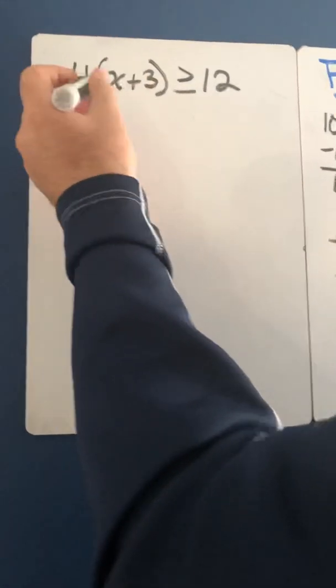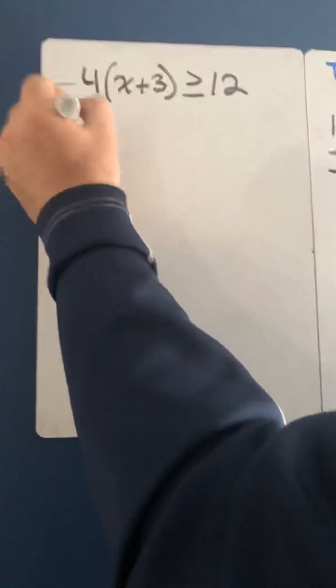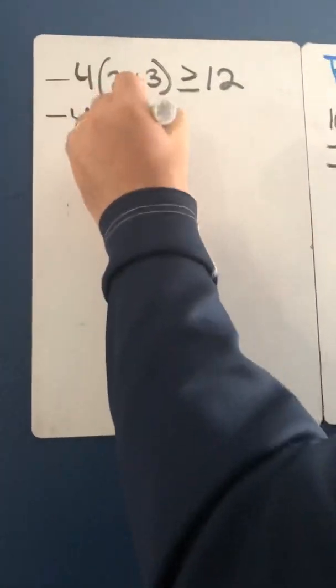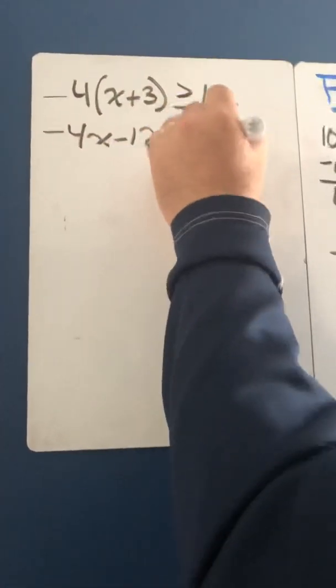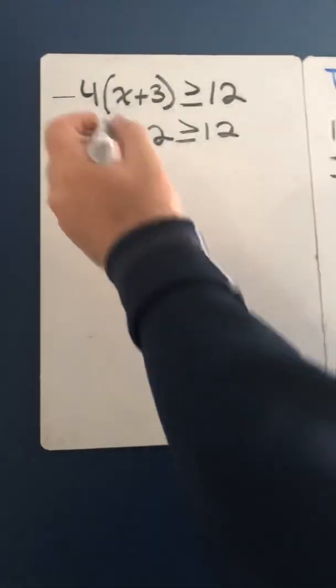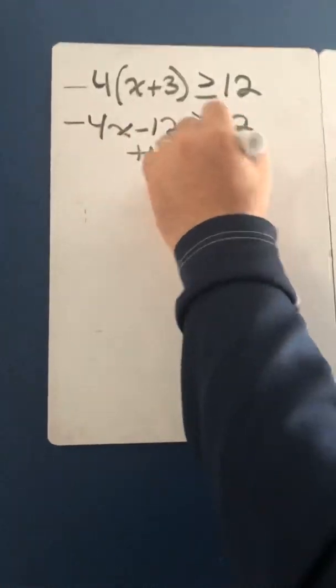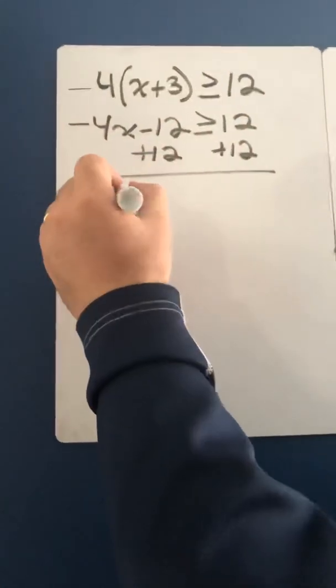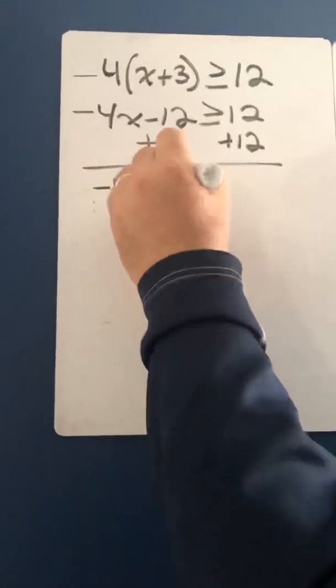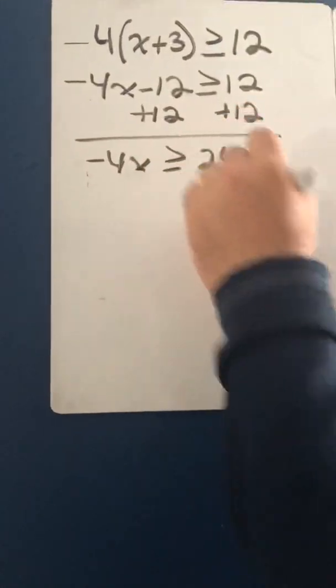Same thing: I'm going to use the distributive property, and I get negative 4x minus 12 is greater than or equal to 12. Distributing the negative 4, I add 12 to both sides. Negative 4x is greater than or equal to 24.